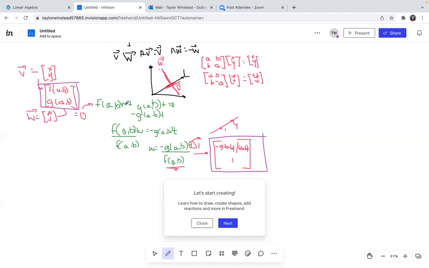And what we figured out is that we can write W, not the vector W, but the component of the vector W in terms of F of AB and G of AB. And then from there, we can pick any number for T. And what we get is two vectors that are written in the form AB. And that would be how you would write this from this line.